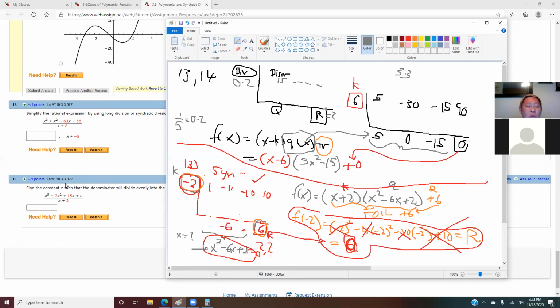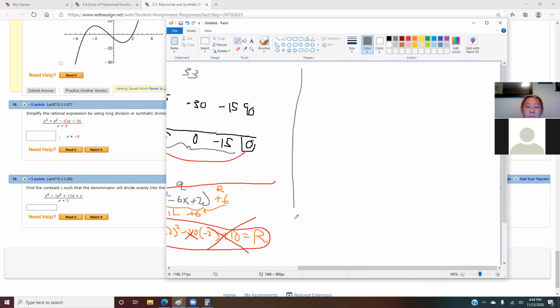For 19, you just need to do the back. What you do is get the C here. So on question number 19, when you perform synthetic division, you put a C over here. Let's say you perform all this synthetic division and you got 5 here.